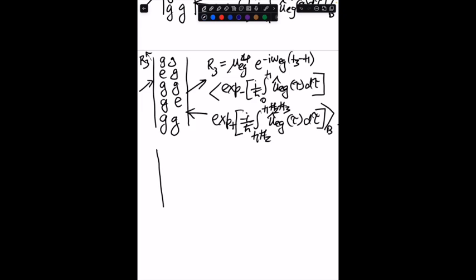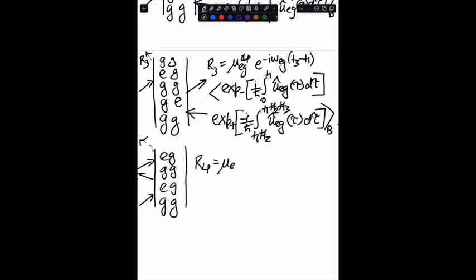Lastly, R4. So you have GG, all interactions from the ket side, as previously described. You go back to GG, and then you have the emission of the signal field. So R4 is just mu Eg to the power 4, e raised to the power minus i omega Eg, T1 plus T3.